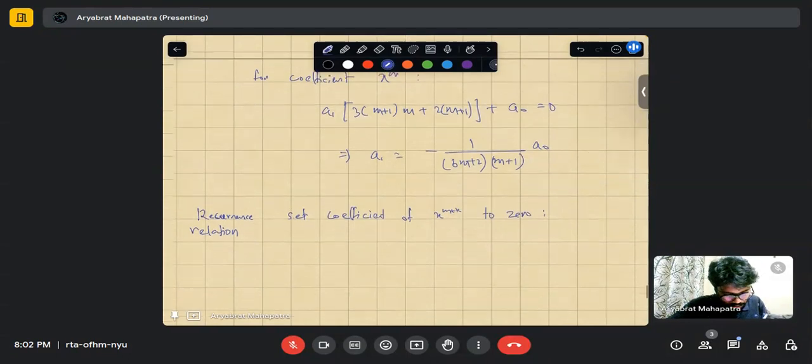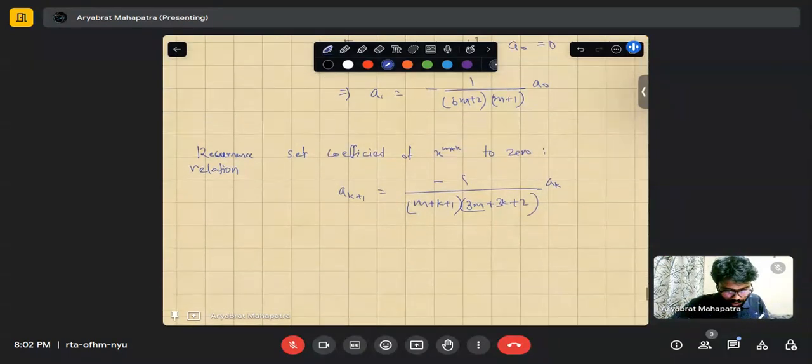That will give you the recurrence relation. So I'm writing that recurrence relation: a(k+1) equals minus 1 over (m plus k plus 1)(3m plus 3k plus 2) times ak.